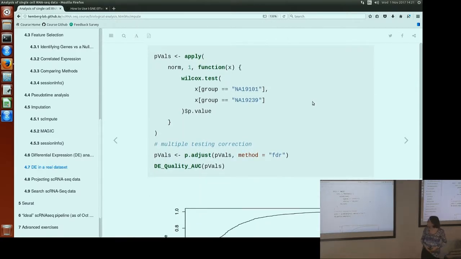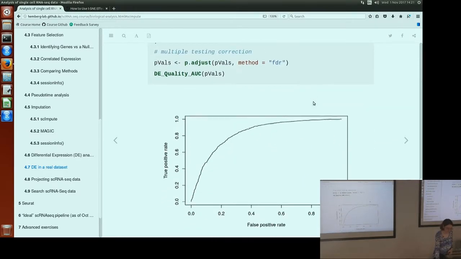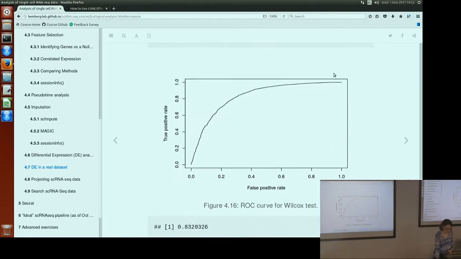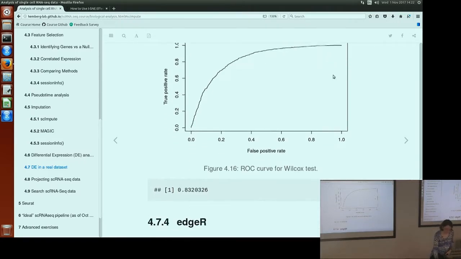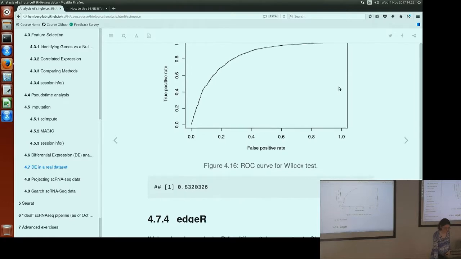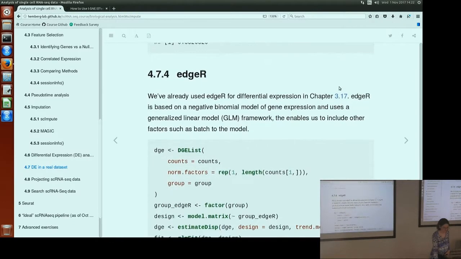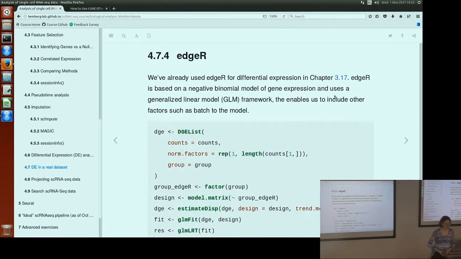So this is how you apply that test to our data, and we can calculate the quality again. This is the AUC curve, and you see we get an overall AUC of 0.83. So this is working better than the KS test. You can also use edgeR, which was designed for bulk RNA-seq and is based on just a plain negative binomial.